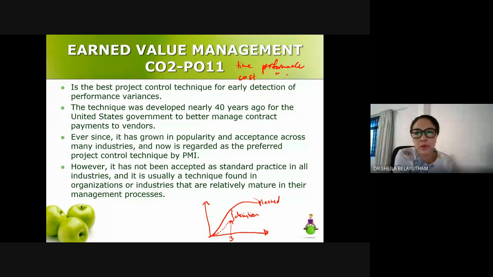So your graph does not only show how much cost you have spent, or how over budget or under budget you are, or only the time performance, whether you are on time, ahead of time or behind time. It can show both. But the current one we have, the common one on the side, only shows one graph.